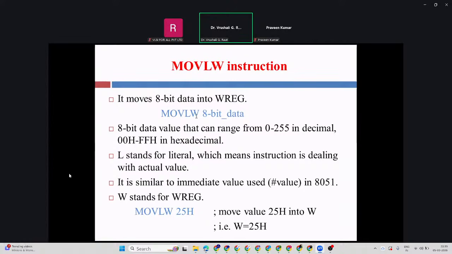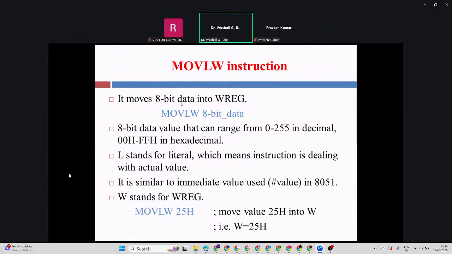MOVLW, and here I'll write the 8-bit data which I have to transfer. That data may be from 00 to FF. Anything can be there in hexadecimal. Again, here we have to deal with hexadecimal. Okay, look here: MOVLW 25H. So in hexadecimal, 25 is the data we are going to move.